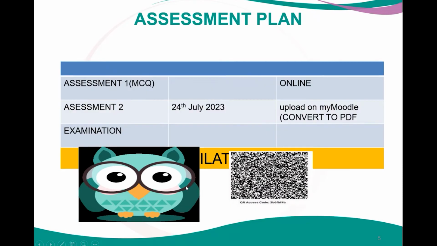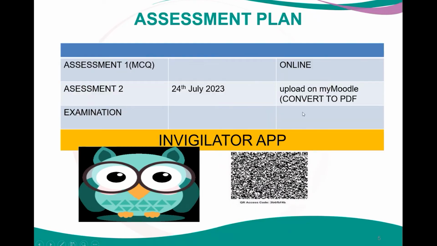Okay, remember, this is very important. This module uses the Invigilator app. Please see to it that you understand how to upload on the Invigilator app. But because we're busy with assignment 2, I hope you're done with assignment 1. You are busy with assignment 2, which is due on the 24th of July. Please upload it on Moodle on the correct platform.